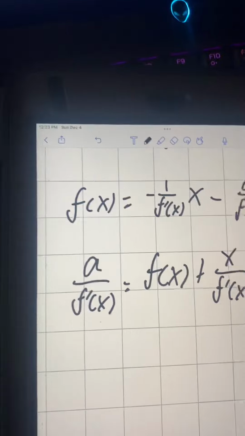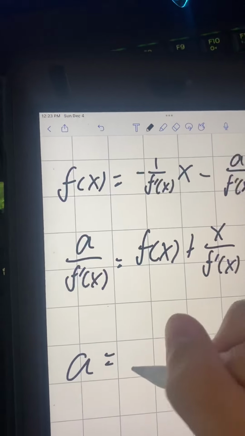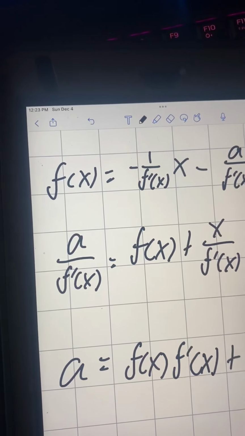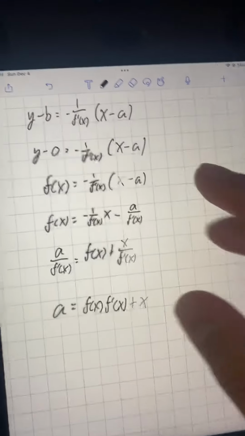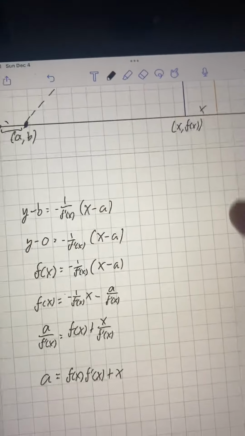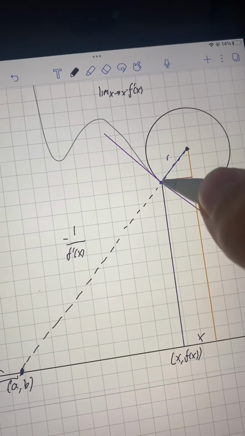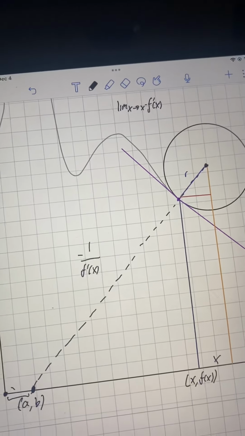And then you can just multiply everything by f prime of x. And you'll get a is equal to f of x times f prime of x plus x, because the primes cancel out here, right? So now we know that a, we know b, we know x, we know f of x, we know this point, right? And we know what our slope is on here.